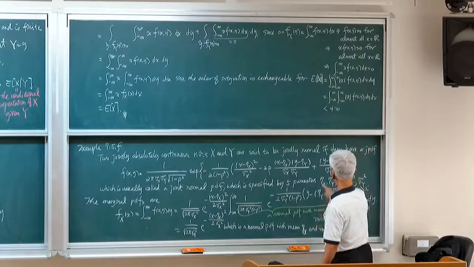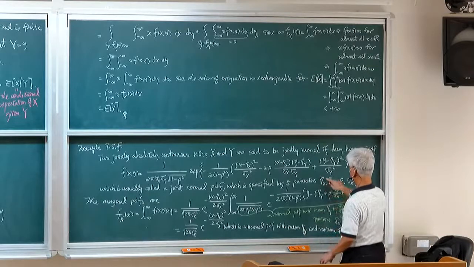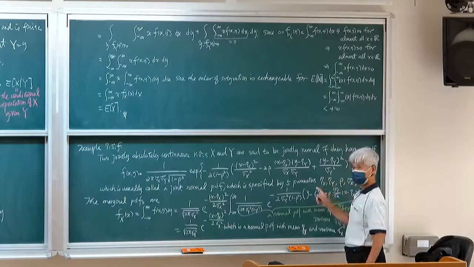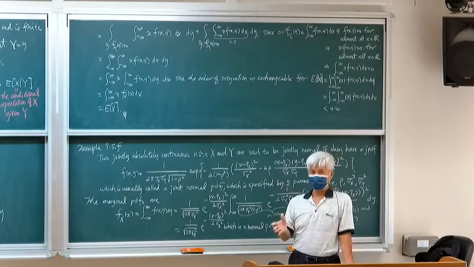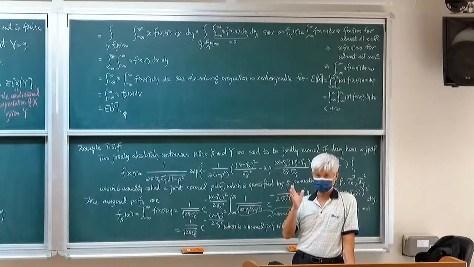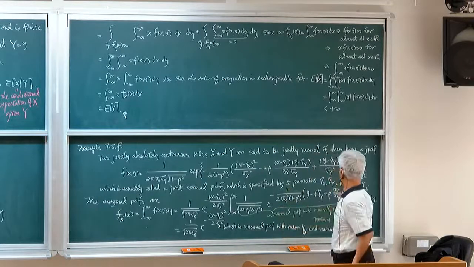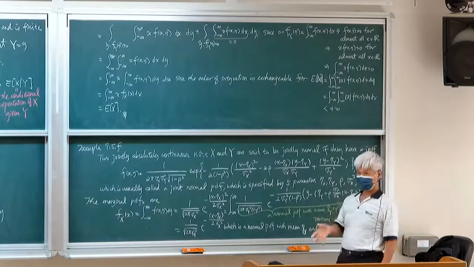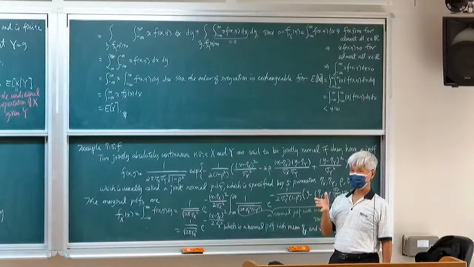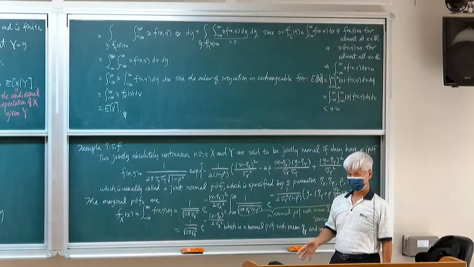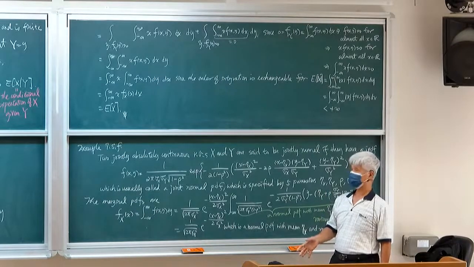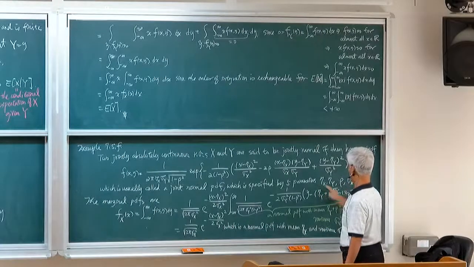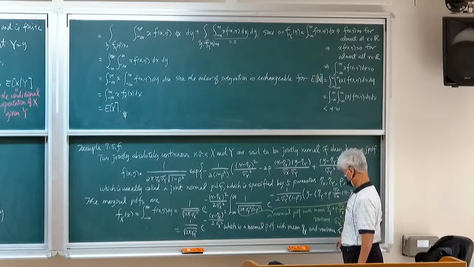So this parameter eta x is just the expectation of random variable X, and sigma sub x square is just the variance of the random variable capital X. So you know the meaning of these two parameters.